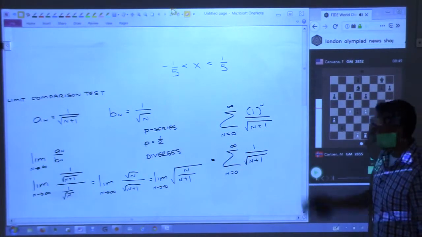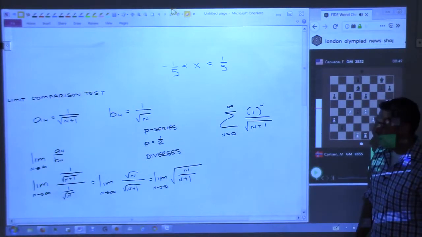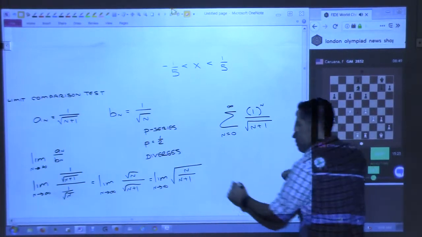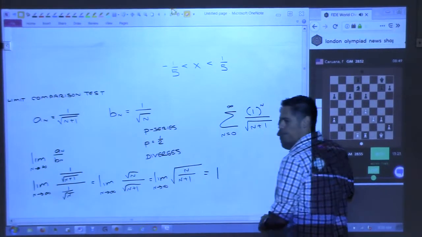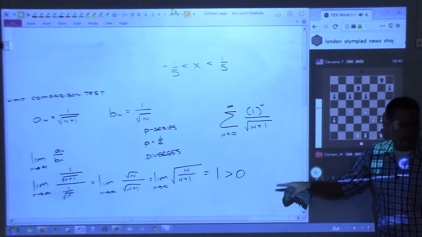What does that go to? Take the limit inside, do L'Hopital. You get 1 over root 1. This is 1, right? Which is bigger than 0 and is a fixed number, right?